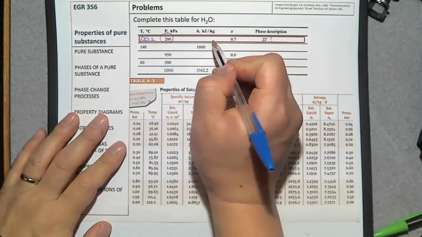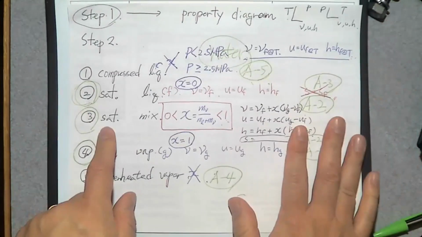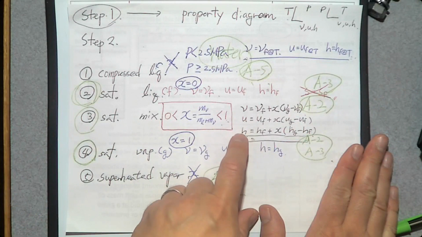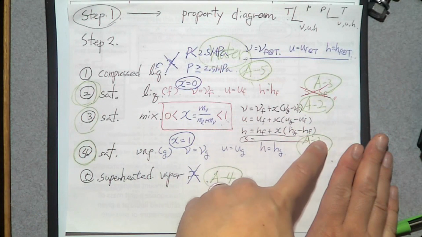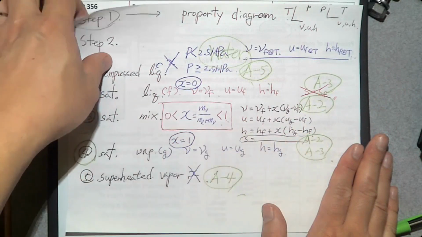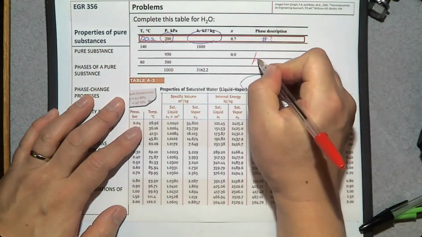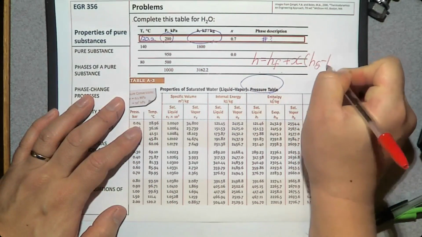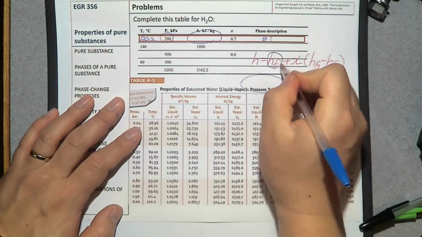Then do you remember how to determine h? If you don't, go back to this summary slide, and we know it is a saturated mixture where there is linear interpolation. h is hf plus quality x times (hg minus hf). So let me write this equation here, in a different color. h is hf plus quality x times (hg minus hf). Then what is hf?